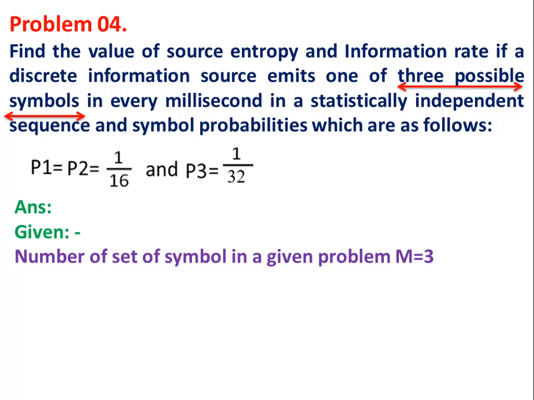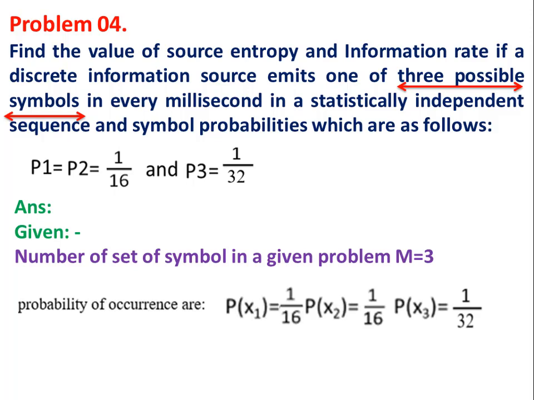Similarly, the other term given is the probability of occurrence of the set of symbols: P(x1) = 1/16, and also P(x2) = 1/16, because in the given problem you have seen that the probabilities of both P(x1) and P(x2) are the same, and the last probability, P(x3), is equal to 1/32.